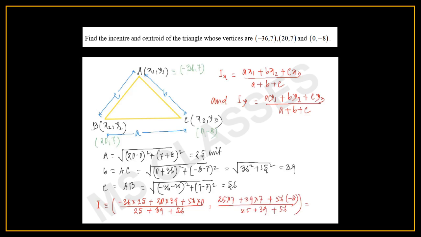Now this will give us (1, 0), which is the required incenter.